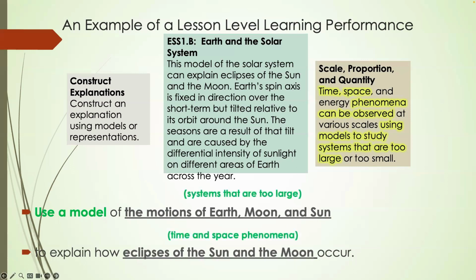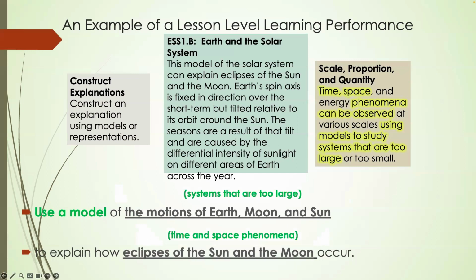And what I really want you to take away from this slide is that the cross-cutting concept states that you're using a model to study systems that are too large. So the motions of the earth, moon, and sun are too large for us to measure using traditional inquiry. So we're going to have to use engineering design and modeling for that. And then we're talking about time and space phenomenon.